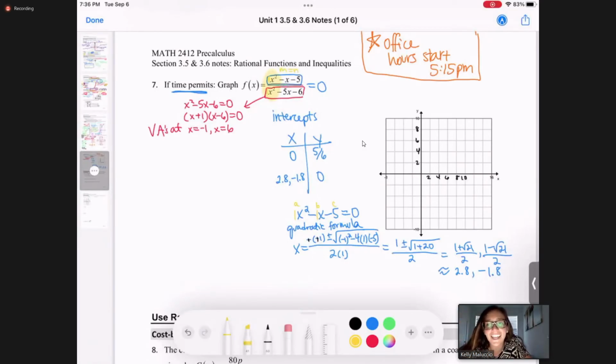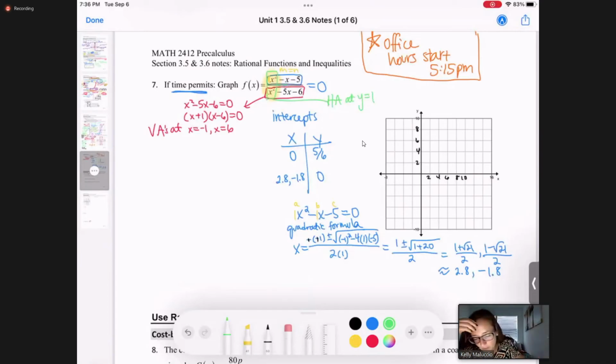So this is not the case where it's just y equals 1, but I am still going to look into that and why we teach that when m is greater than n. But in this case, if I just focus on these guys, we're going to say HA is at y equals 1.